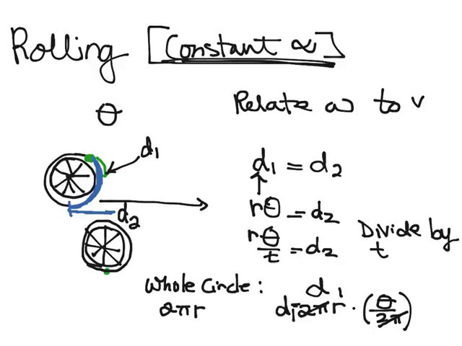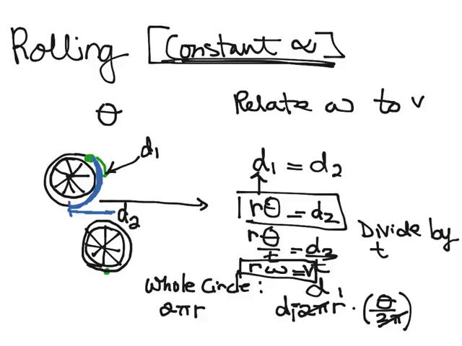But theta divided by t reminds us of omega, so I have r omega, and D2 divided by t reminds me of v. So if I have rolling motion, then these things are true: the radius times my angle is equal to D2, and r omega is my velocity.